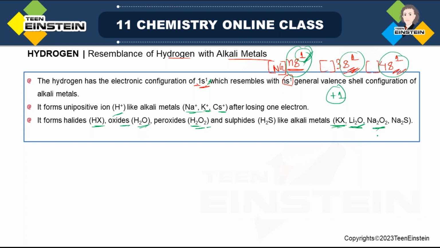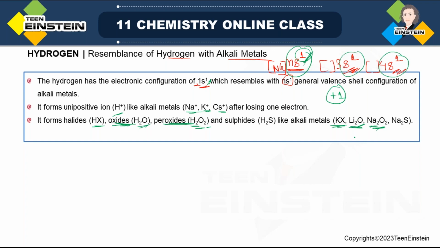One is the normal oxide, which you can call monoxide. Then there is peroxide, which is mainly observed for sodium. And as you move down the group, for example potassium, the size is increasing, so there is a chance of forming superoxide. That example is not present here, because only these 2 formulas show similarity: Li2O and Na2O2, compared with H2O and H2O2.